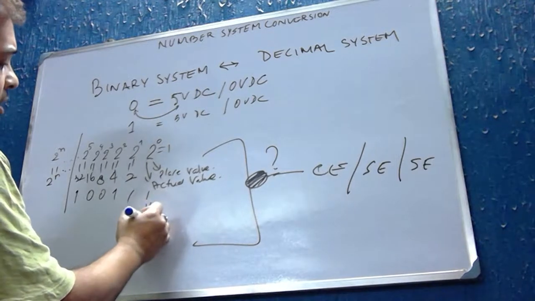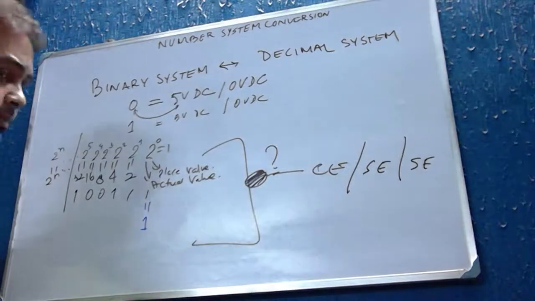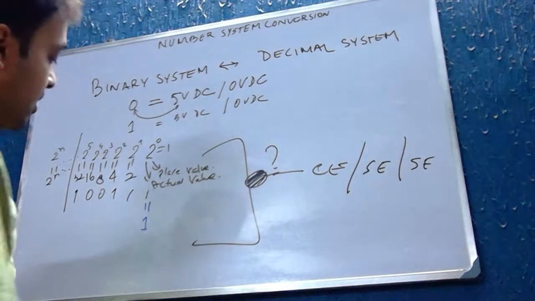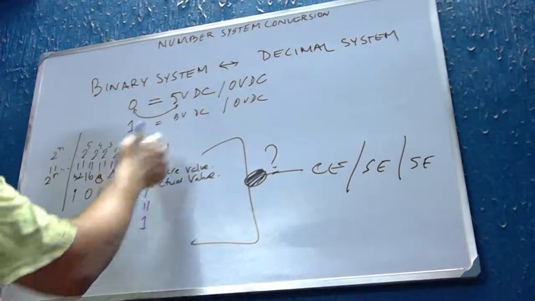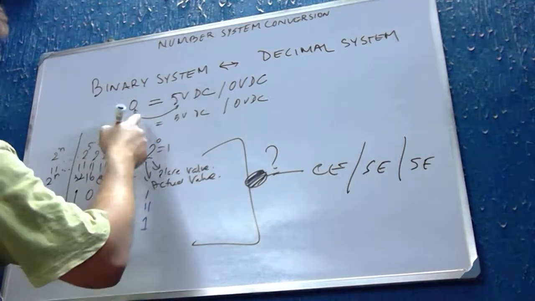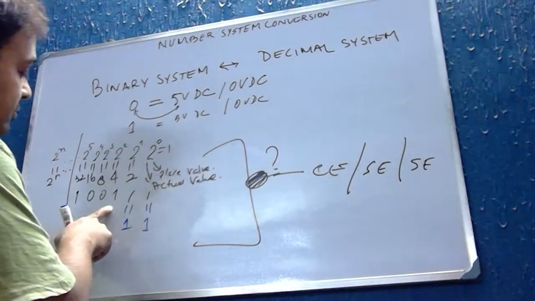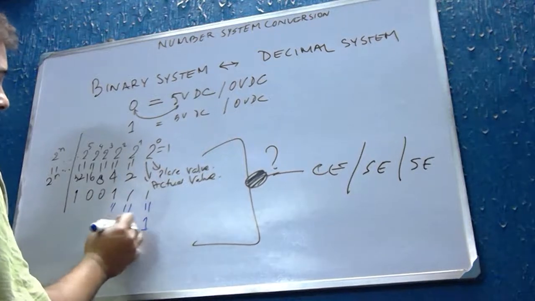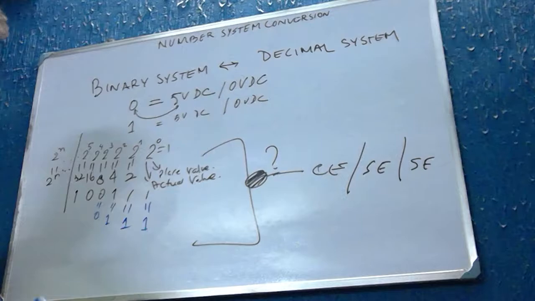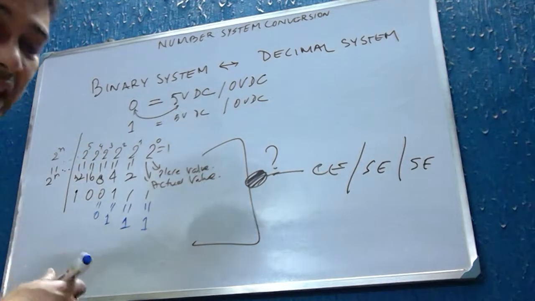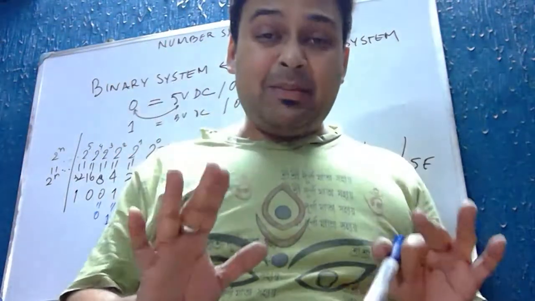So 2 to the power 0, that is 1, is required in your decimal number. 2 to the power 1, that is 2, is required. 2 to the power 2, that is 4, is required. So this is also 1, but this is 0, means that this is not required.